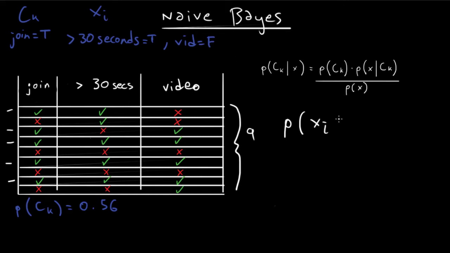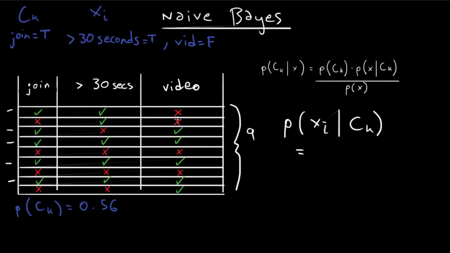What is the probability of our features occurring given that our selected class has also occurred? So we can't look at all observations. We can only look at cases where the selected class occurred, and we've marked those here on the side. There's only 5. There's not 9. So what's the probability that our selected features will occur given that our selected class occurred?